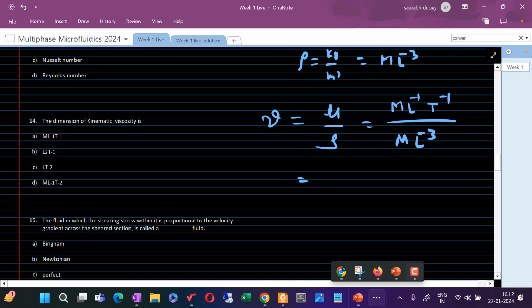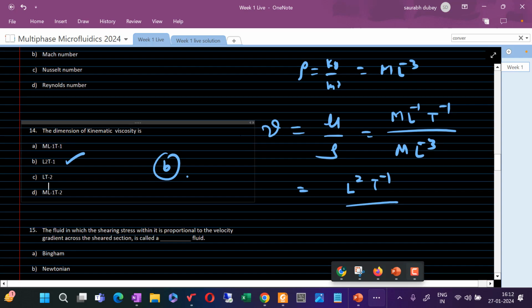Then what you are going to get is L squared T minus 1, as M will be cancelled. L squared T minus 1 is the B option. M will not be there. So what is the correct one? L squared T minus 1 is the B option.